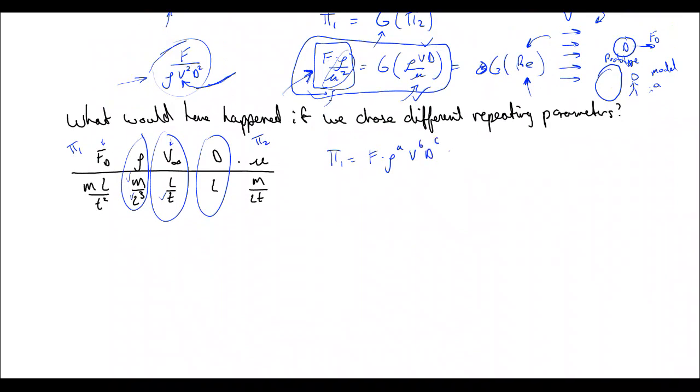And this is going to be equal to mass length over time squared times mass over length cubed to the a power times length over time to the b power times length to the c power.